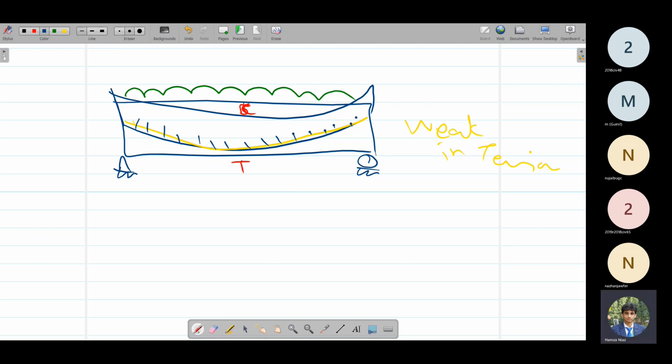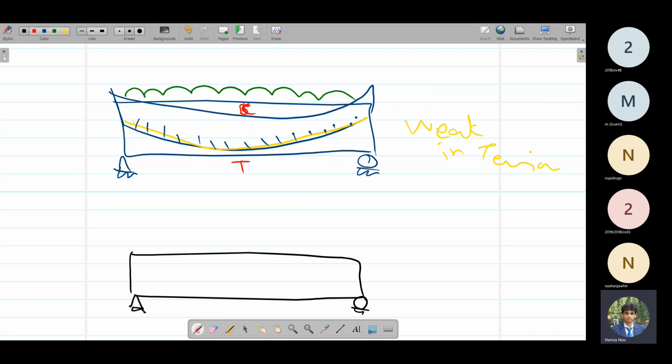So to prevent or mitigate this, we try pre-stressing our concrete. Pre-stressing is a simple concept. If this is a concrete beam, we place a steel tendon or steel wire in it and we pull it on both sides. We apply some tension on the steel wire.